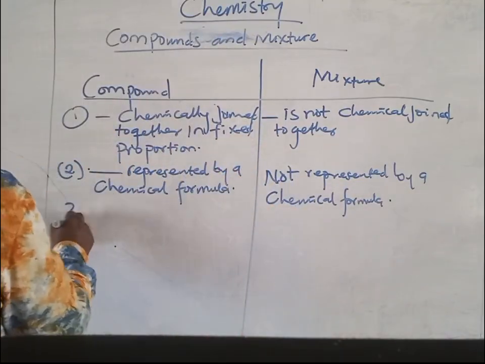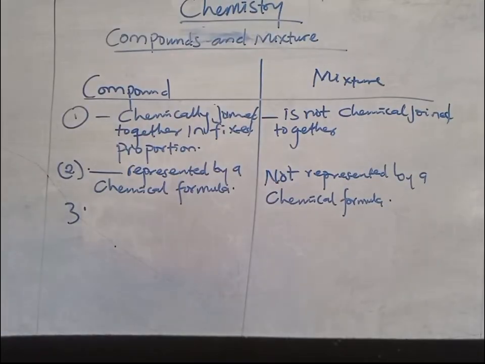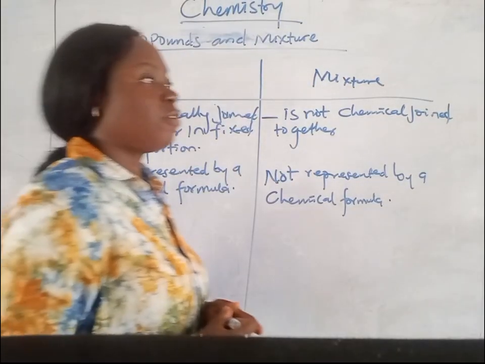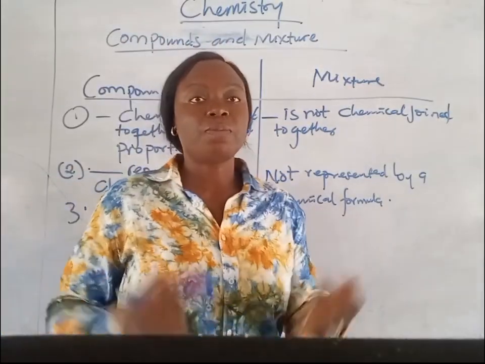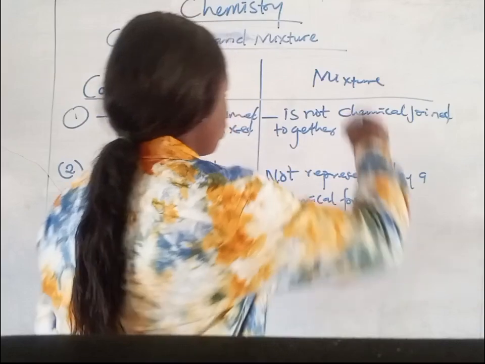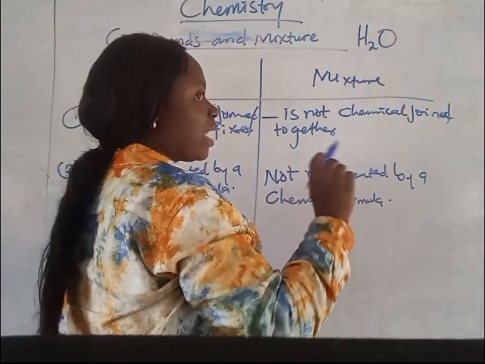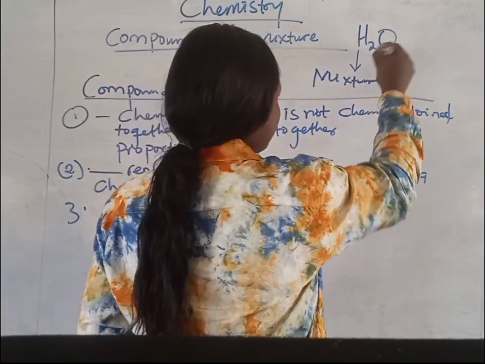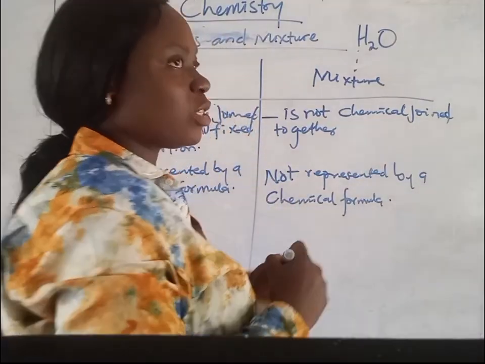Then the third one is that compounds do not retain their individual constituents. What do I mean? For instance, in the formation of certain compounds, let me use my water, H2O, as an example. Water is a different thing entirely. The properties of hydrogen and the properties of oxygen are totally different from the properties of water.